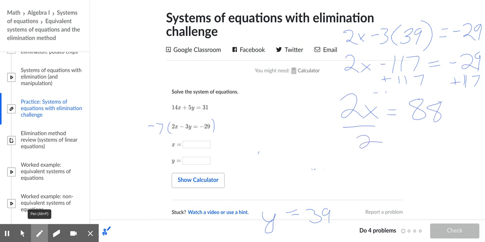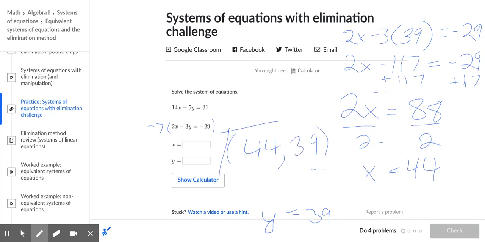Divide by 2, divide by 2, x equals 44. So that would be my final answer, x equals 44, y equals 39. Remember that I write that as 44, 39. That would be my coordinate pair. That's my answer right there.